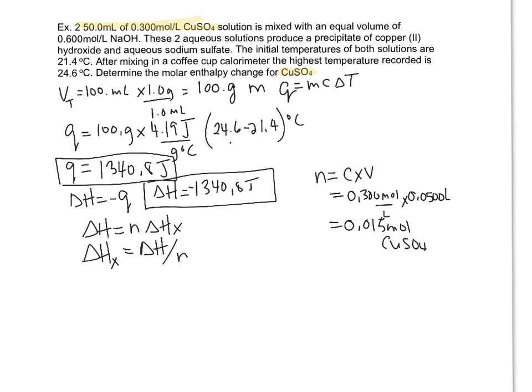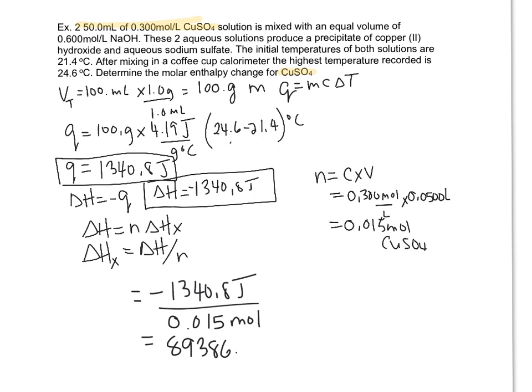So 1340.8 joules divided by 0.015 moles is equal to, so this is 89,386.66 continued joules per mole.